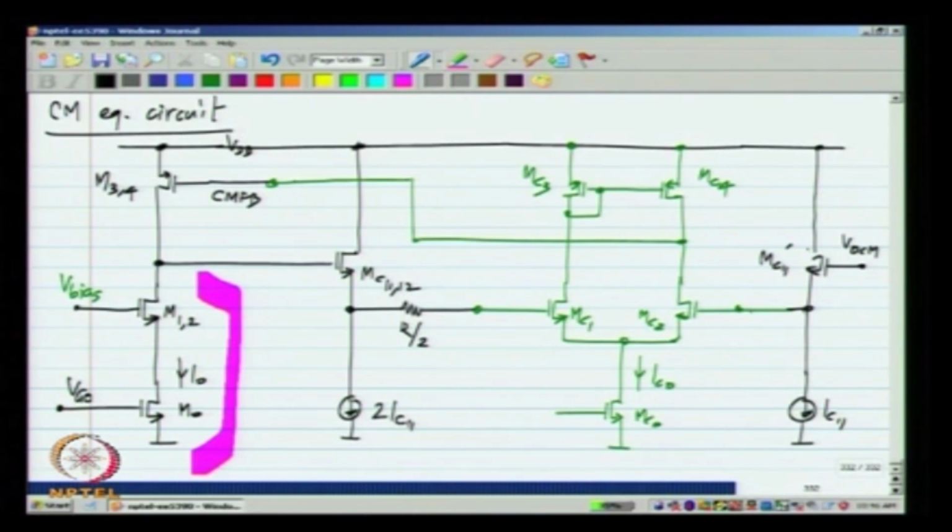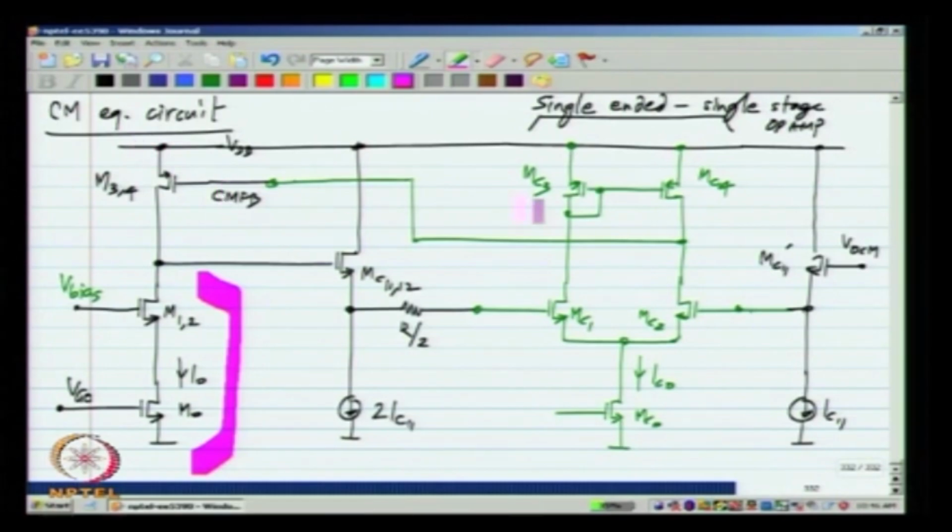So, now if you look at this circuit, we have a differential pair, that is a single ended single stage op amp, and the output of that goes to M34, and this output is from the drain.